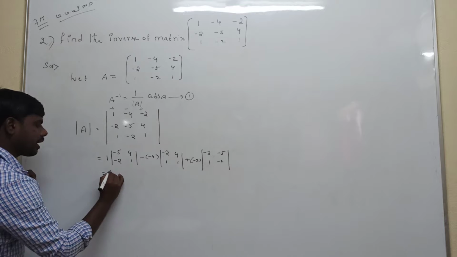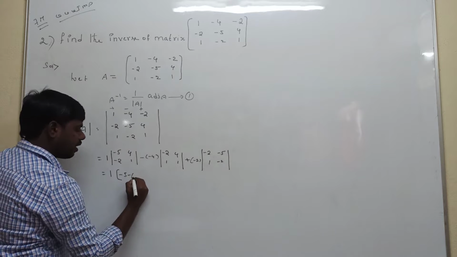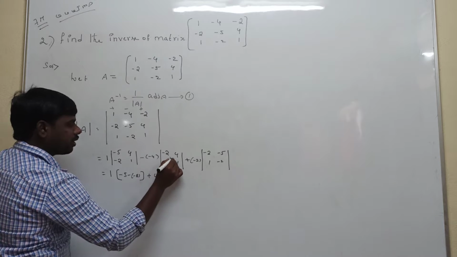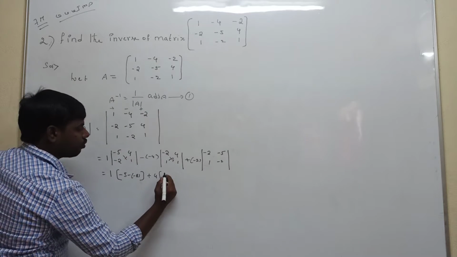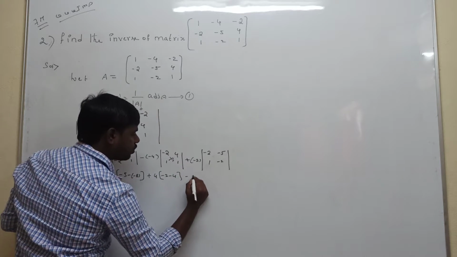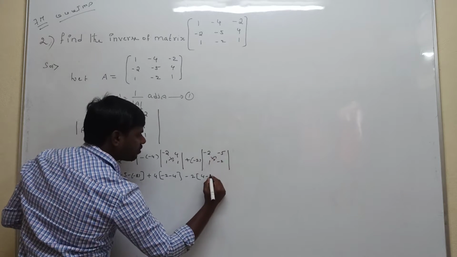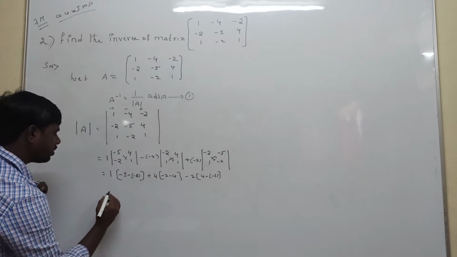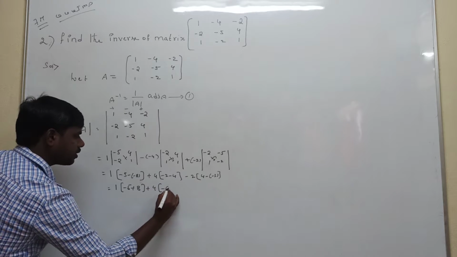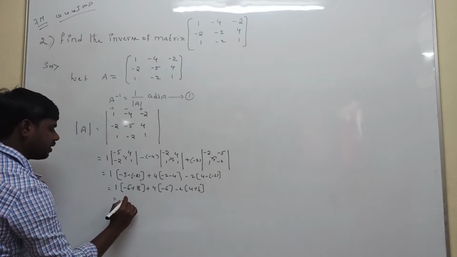So now we are applying the cross multiplication method. Minus 5 into 1 is minus 5, minus 2 into 4 is minus 8, minus of minus is plus, so minus 5 plus 8 is 3. 3 into 1 is 3.